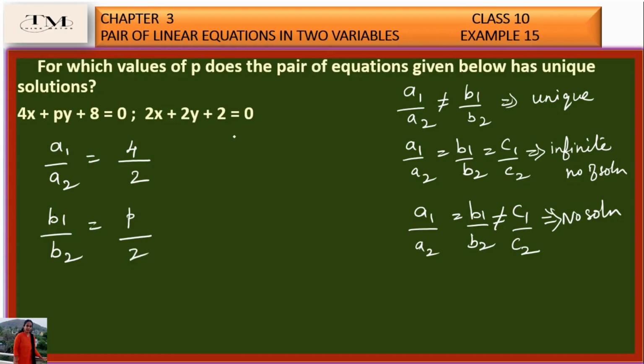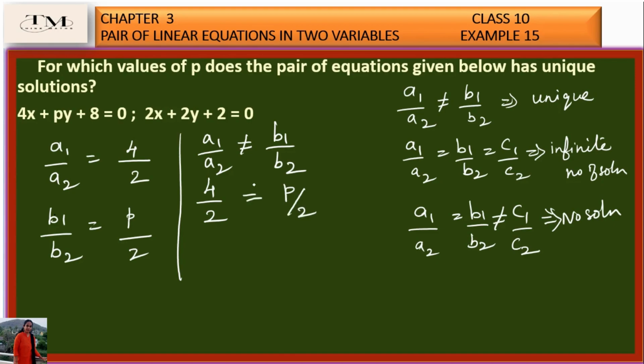The condition for unique is A1 by A2 should not be equal to B1 by B2. So here A1 by A2 is 4 divided by 2, B1 by B2 is P divided by 2. The denominators are both the same, so the numerators should not be the same. Here the numerator is 4, so P should not be equal to 4. For this condition, the pair of equations will have a unique solution.